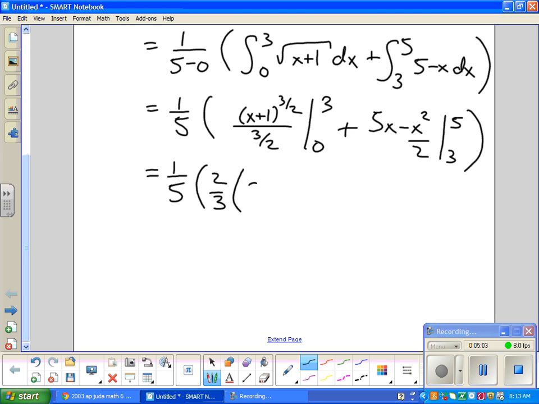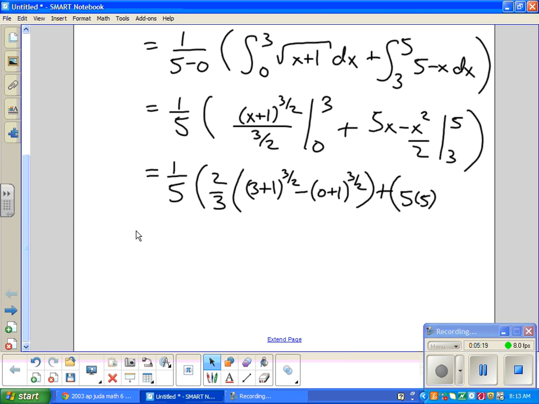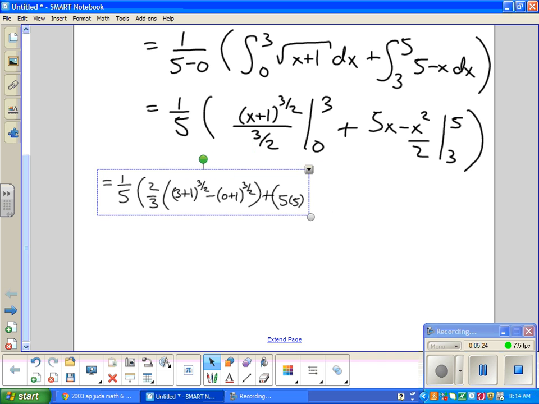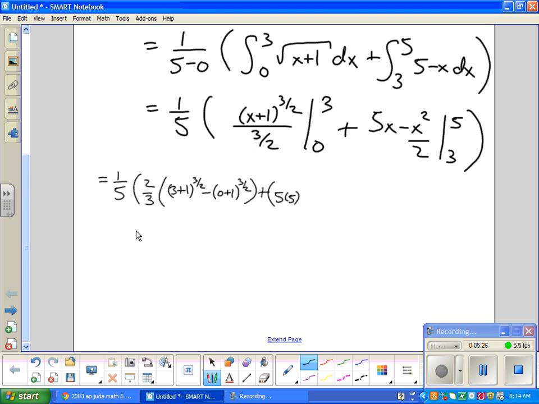So 3 plus 1 to the 3/2 minus 0 plus 1 to the 3/2, plus 5 times 5. If I had to at this point, I'd erase, do whatever I've got to do to make it all fit. 5 times 5 minus 5 squared over 2. That's the first one.